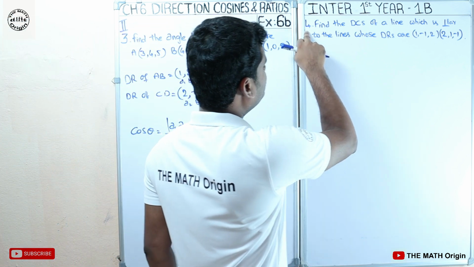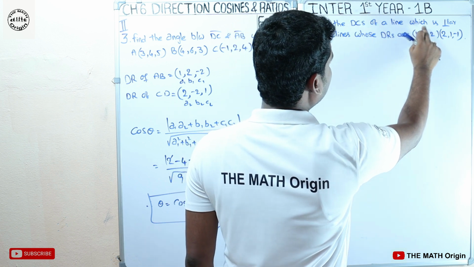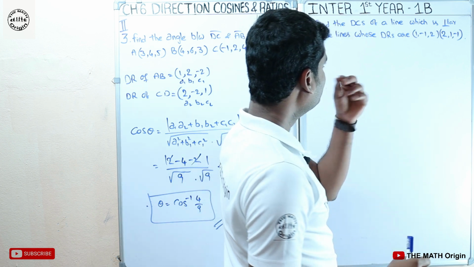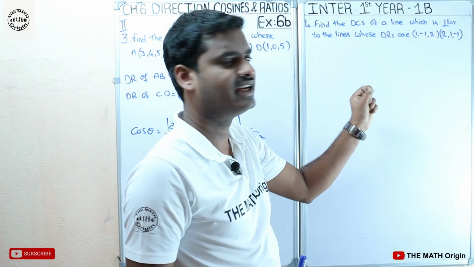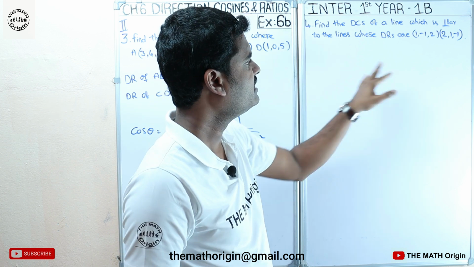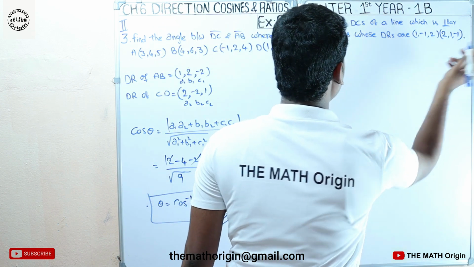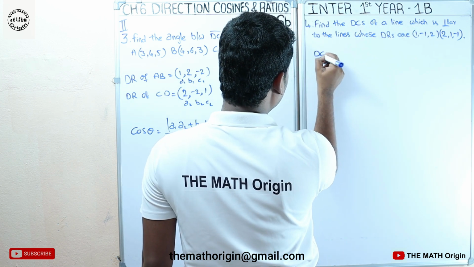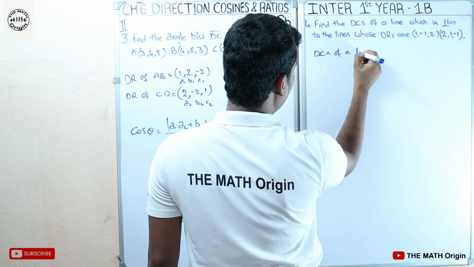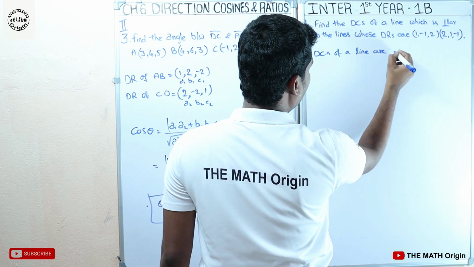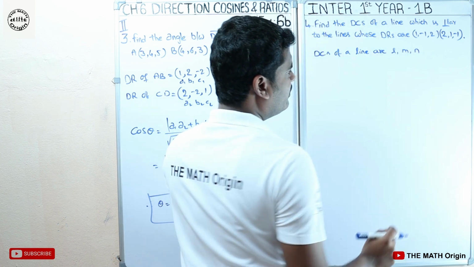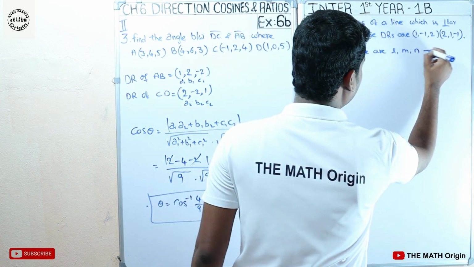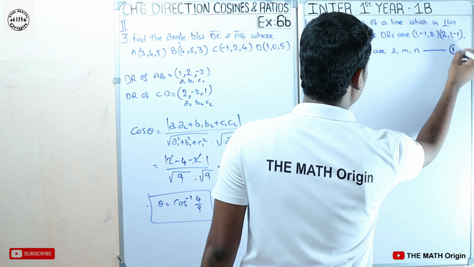Now the fourth question: find the DCs of a line which is perpendicular to the lines whose direction ratios are given. This is a quite small, tricky question. Let's understand the question first, then jump into the problem. Find the DCs of a line. The DCs of a line are L M N. Let's consider this statement as equation 1.